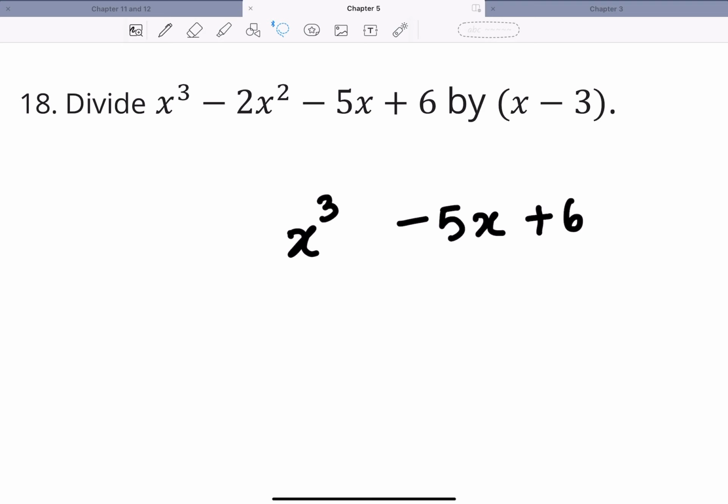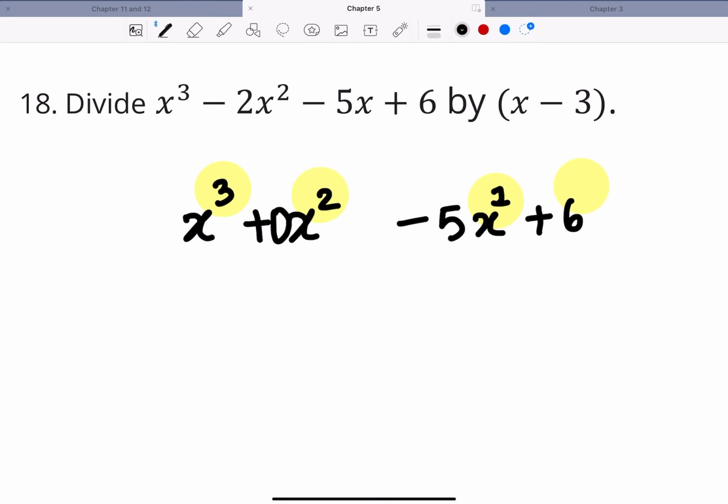You can divide, but you have to include another term, which would be, it doesn't matter if you put plus or minus, 0 times x squared. That way, I have all the powers in decreasing order. Remember, if I don't see the power, it is 1. But luckily, I do have a 2.